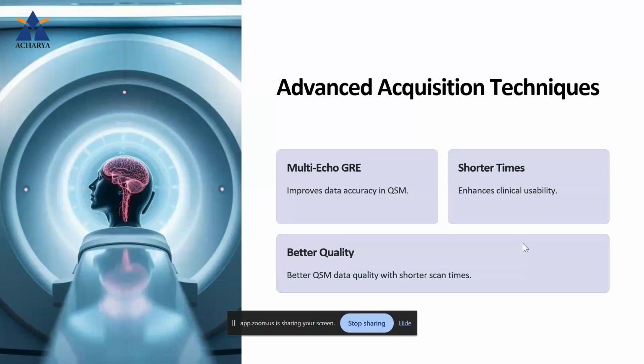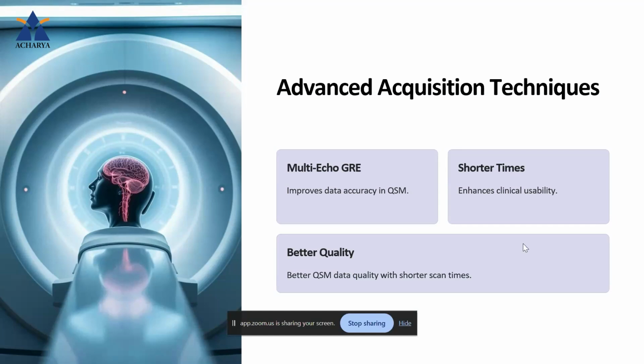Then we have the shorter acquisition times, that will increase the clinical usability. That means we can use this more practically for routine medical imaging, by the use of shorter acquisition times. And also there is something called better quality.